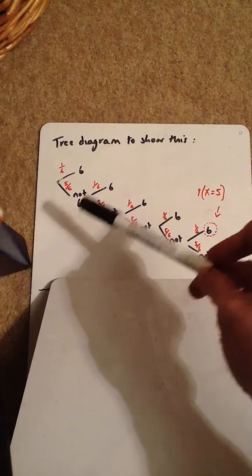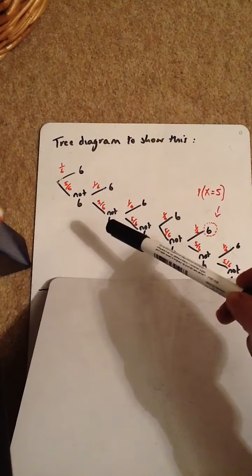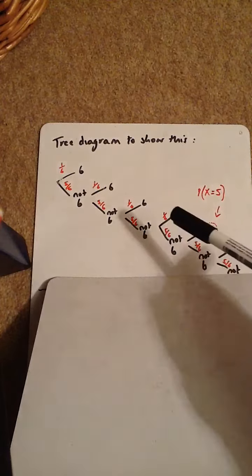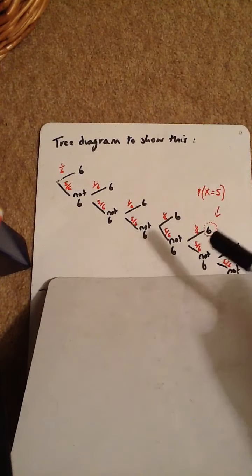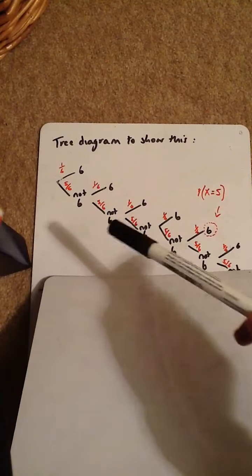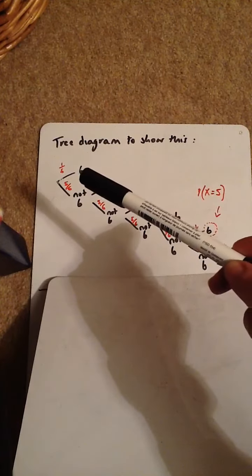If I don't roll a 6, I go to the second roll, and I could get a 6 or not a 6. If I don't get a 6, I roll again, the 3rd attempt. Not a 6, I go to the 4th attempt. Not a 6, I go to the 5th attempt. So I've put the probabilities on this tree diagram as well. So 1/6 is the probability of success, i.e.